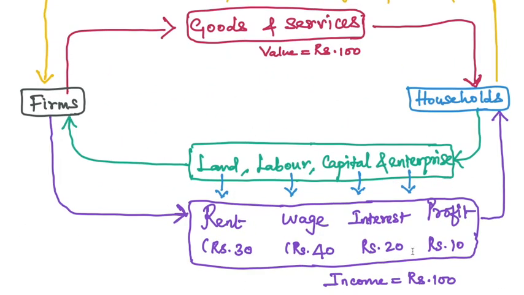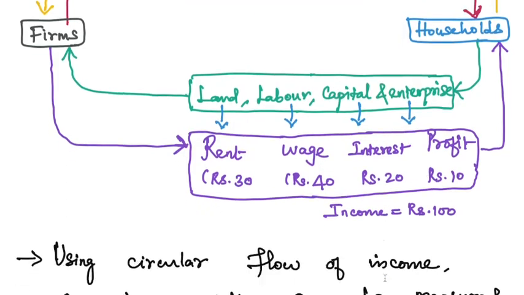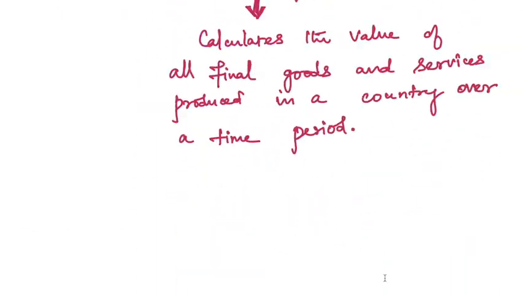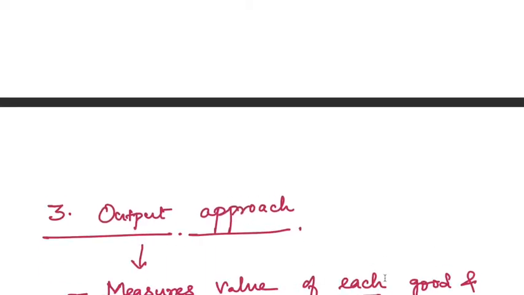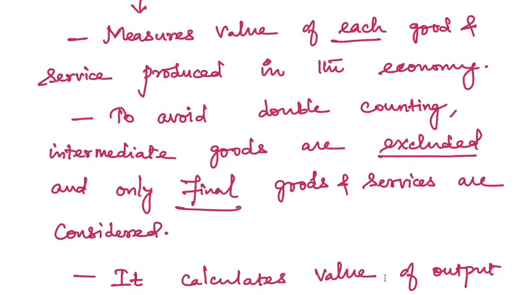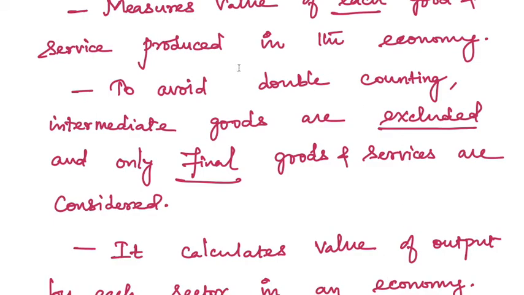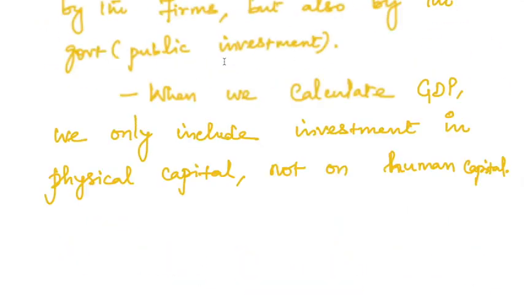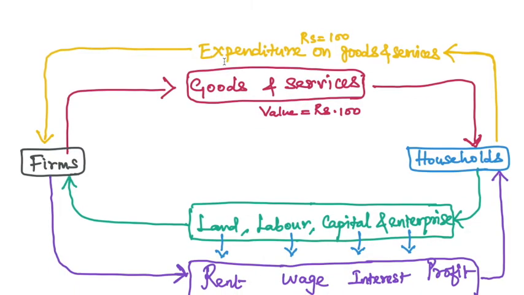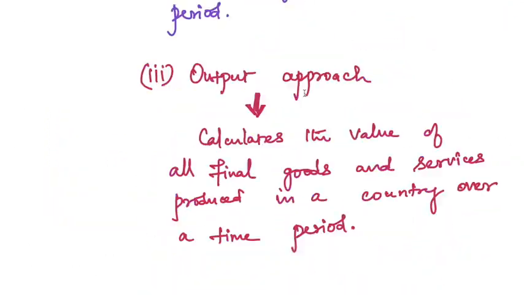This part is basically the income approach. Okay. The next one is the output approach, and this is again related to this part in the circular flow of income. If you have understood this, you can easily relate.